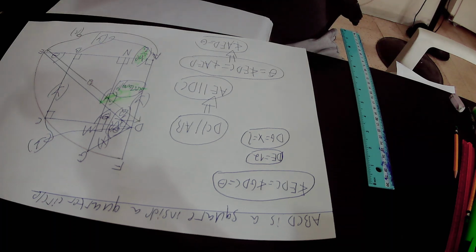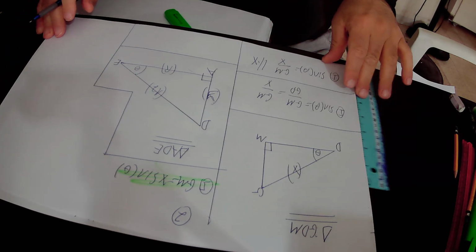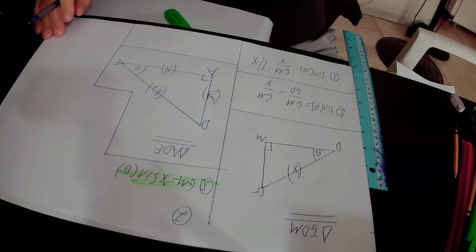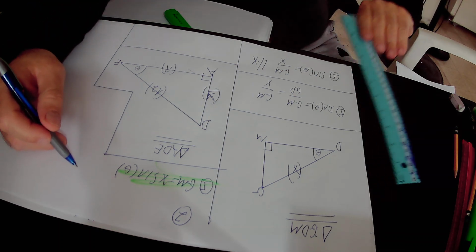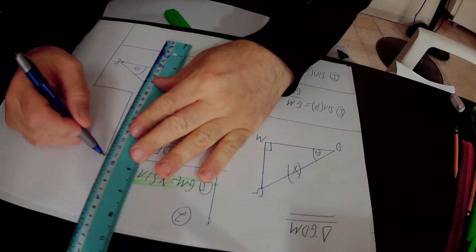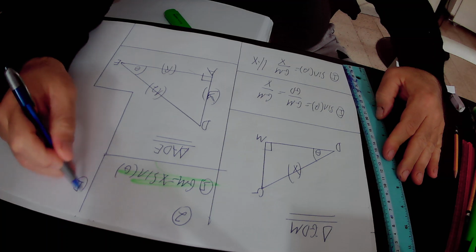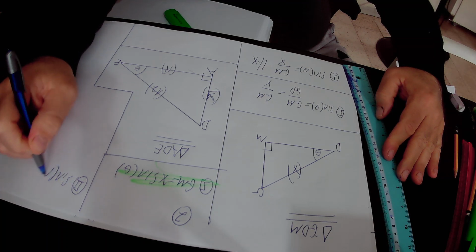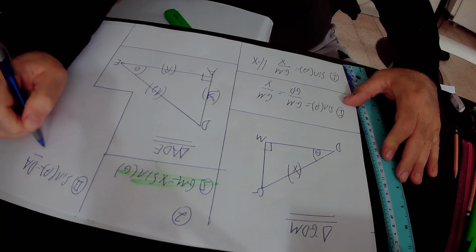So actually, this is the right triangle ADE that I copied from the original domain. In this right triangle ADE, it is very easy to see that sinus theta equals dA over dE.